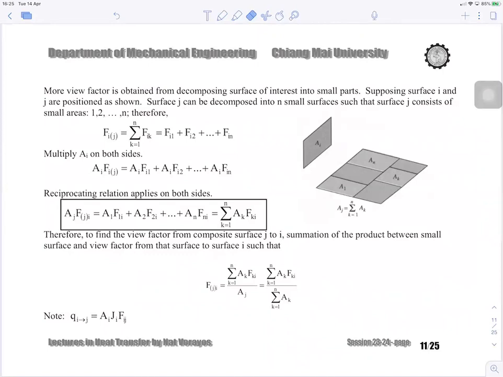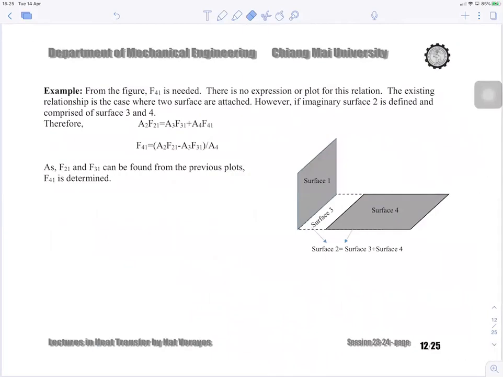Take a look at this problem first. This is surface 1 and surface 4, and you need to find F41. You try to use your intuition. Well, it's not going to work.